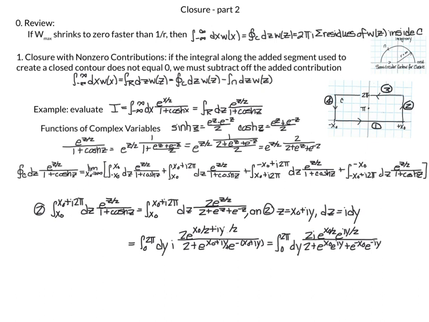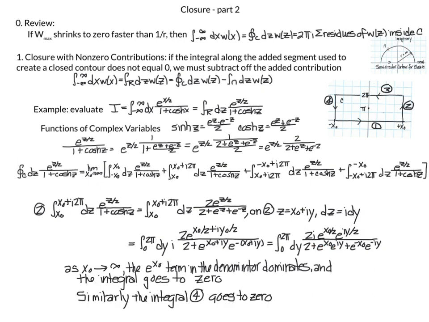Over here I have my 2i, that's just this 2 times this i. I multiplied them and put them all in the numerator. Here, I just do some algebra, so I have e to the x naught over 2, e to the iy over 2. And I use the same property of exponents, where instead of adding the exponents, I just multiply in the denominator.